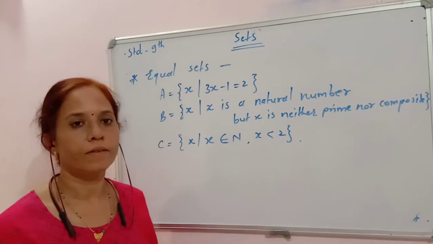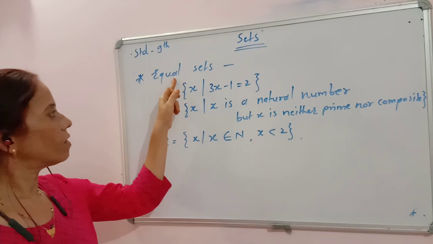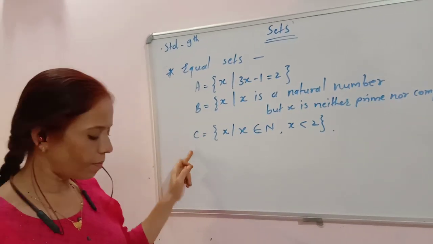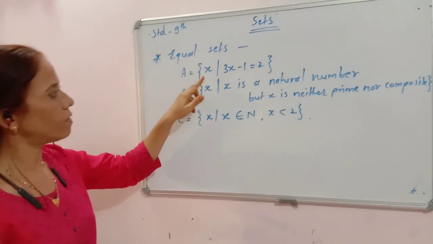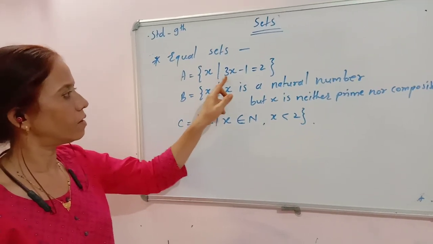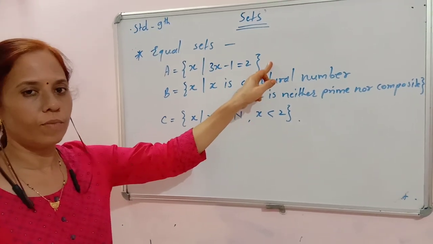The next concept is equal sets. To explain this concept, I have taken examples from your exercise 1.2. First, A is the set of all x such that 3x minus 1 equals 2. It is written by the rule method.